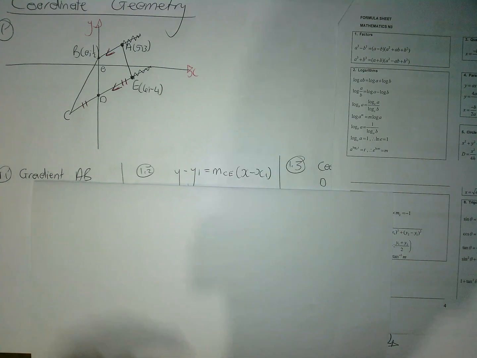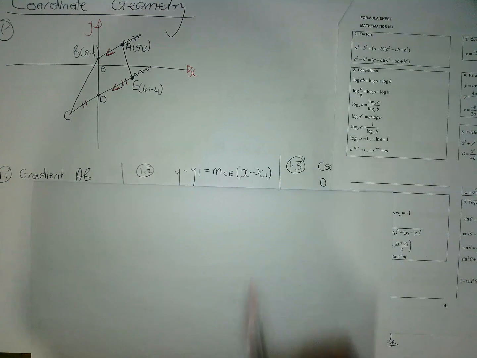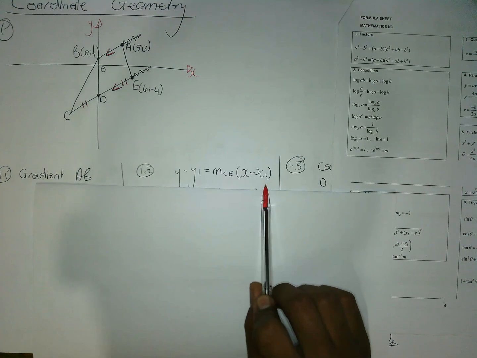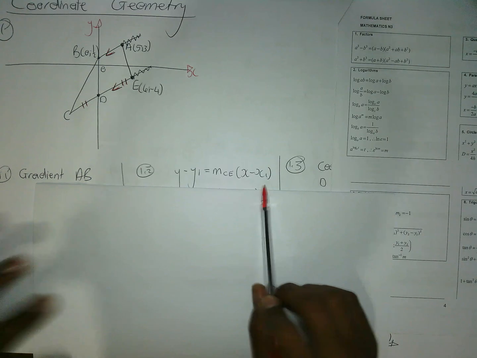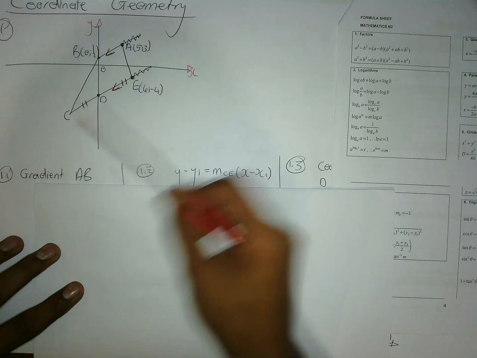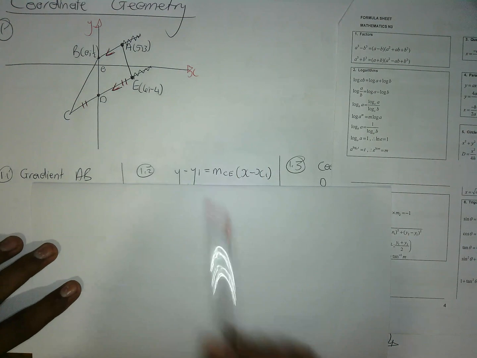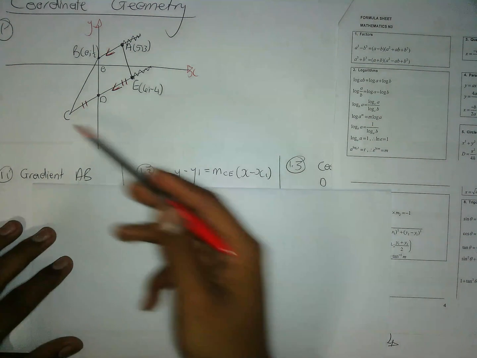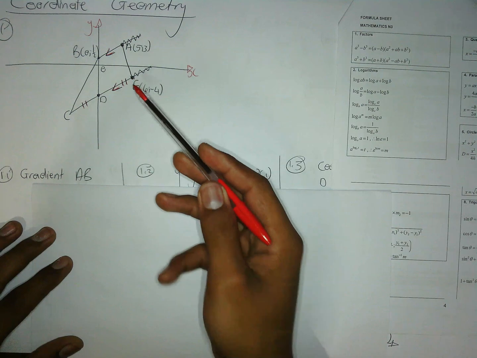So what you're going to do is substitute any y value and x value from the same coordinate that is on the line CE if you're using this formula now. The only coordinate we have on this line is E.